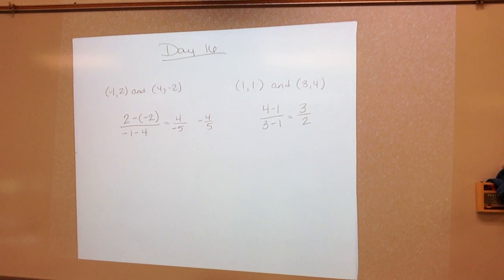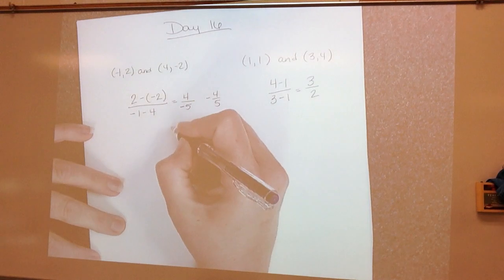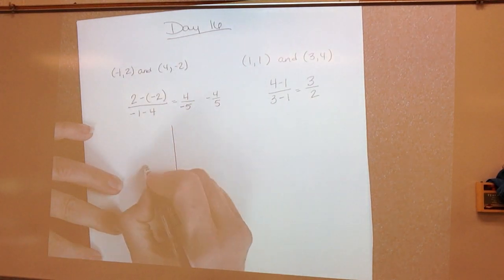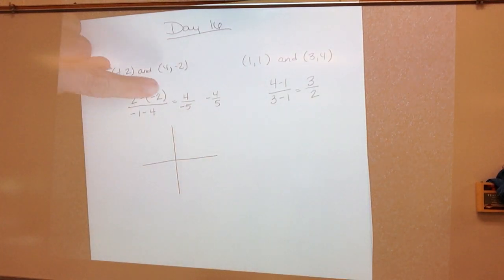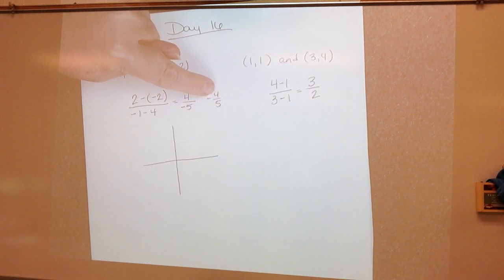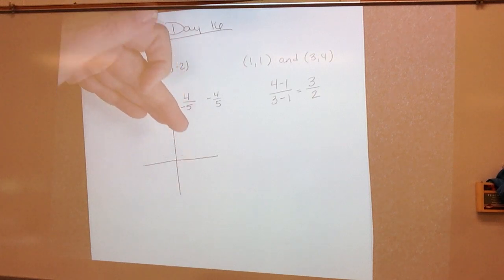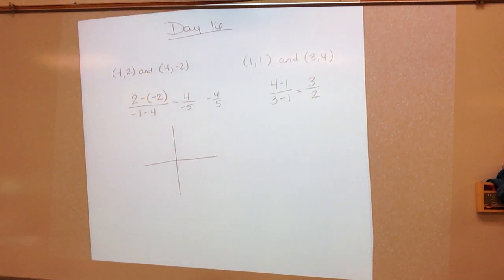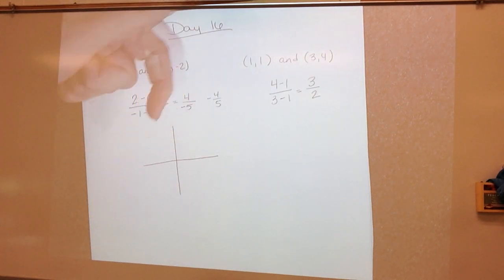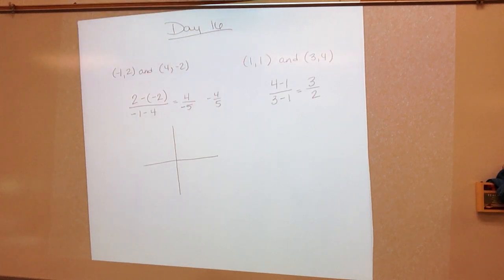What would they look like on a graph? Well, if I were to graph -4/5, choose a point and start, and then you would go, remember rise, so up 4, and because it's negative, you would go to the left.